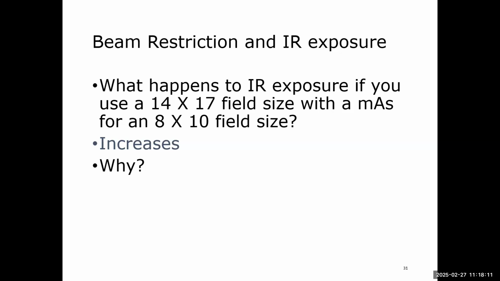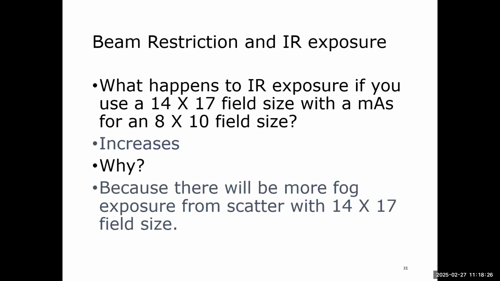Why don't we need as much mass with a larger field size than we do with a smaller? More matter, more scatter. And even though scatter is unwanted, it is a part of receptor exposure. The exposure that we get from scatter basically puts a fog on the image.